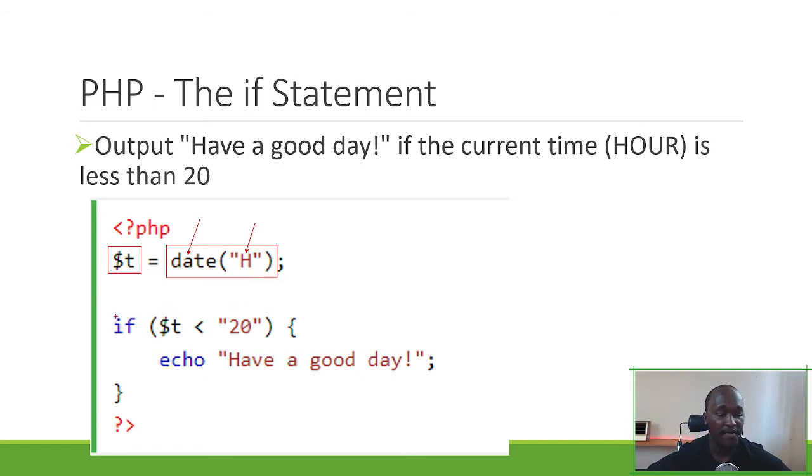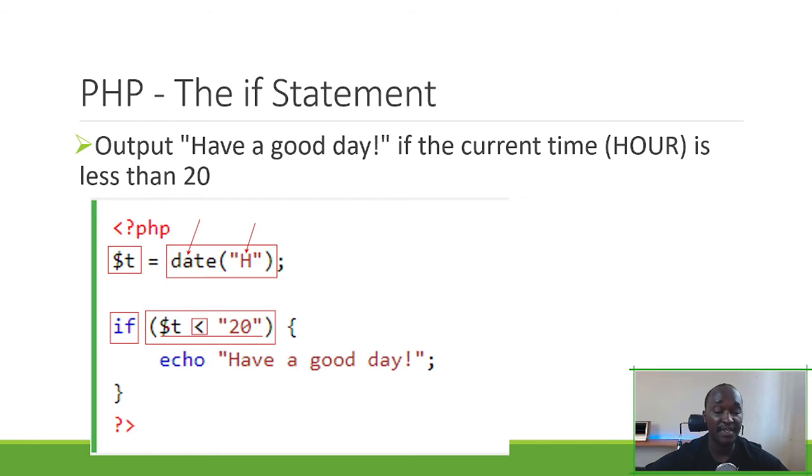Then we have the if statement. This is how you write if, just like in C and C++. You start with if, then some brackets, and the brackets host the condition. It has to be a Boolean condition, meaning it has to evaluate to true or false, so you must use a conditional operator. Here we are using less than.